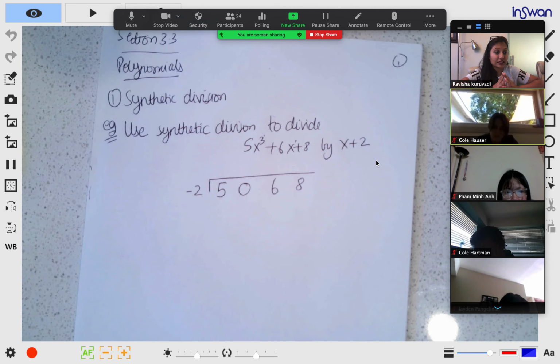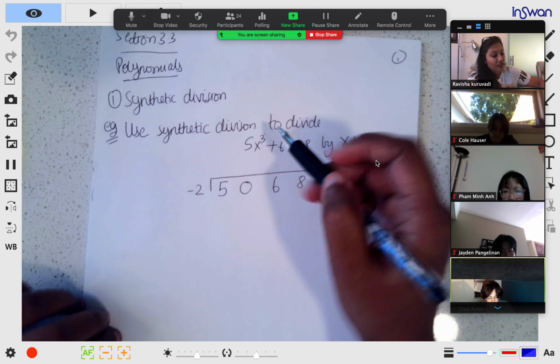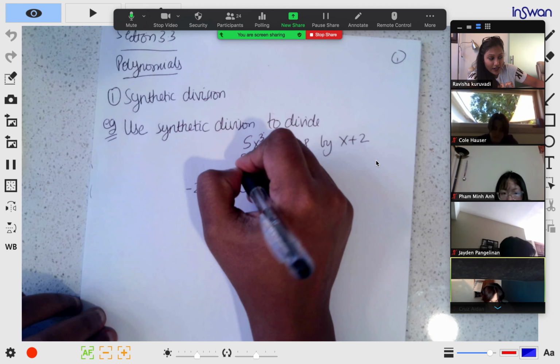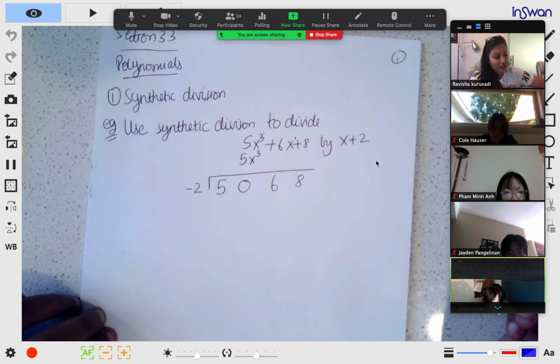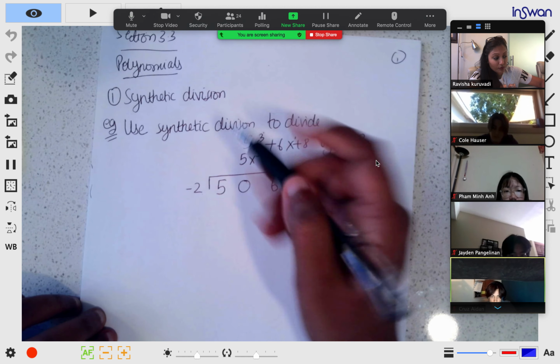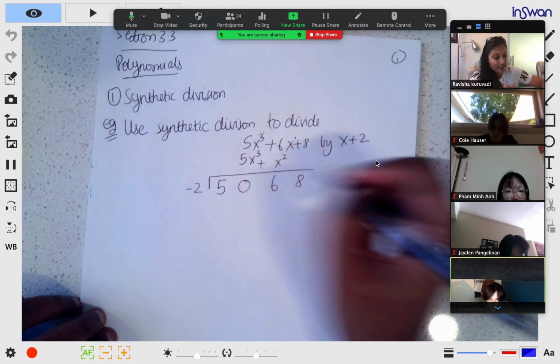How did I get the 0? First, I write 5x cube, the highest one, 3 power. After 3 comes 2, x square. But there is no x square term, so I'm going to write 0x square myself.